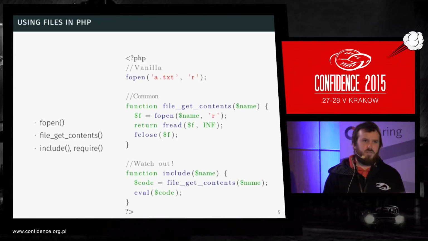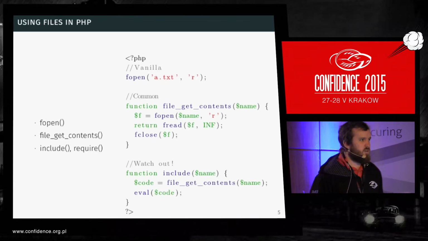And that's a good thing, you want to do that. But what you really should think about is that what include actually does is basically this: you take the contents of a file and you evaluate it as PHP code.